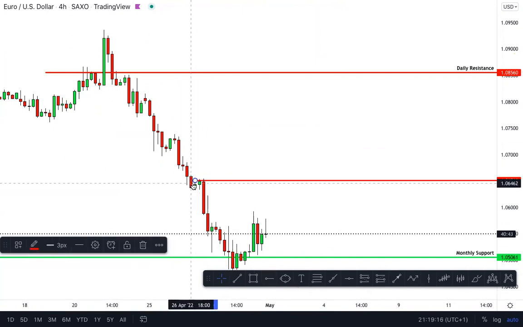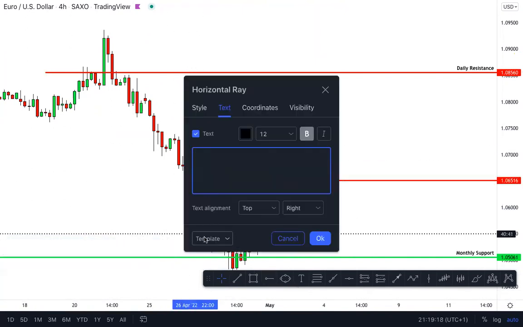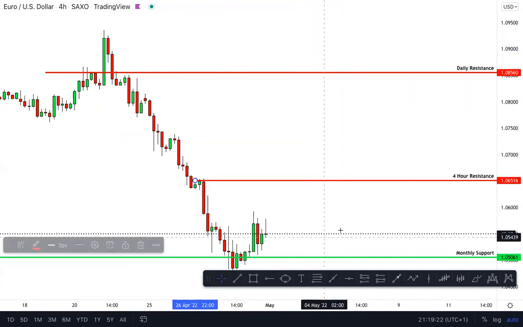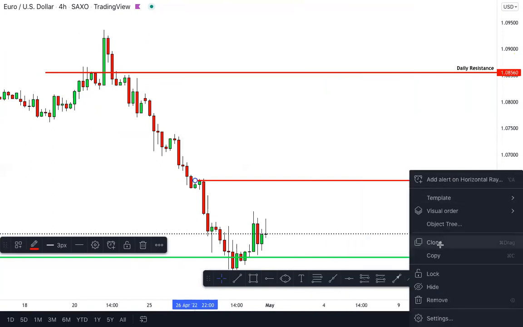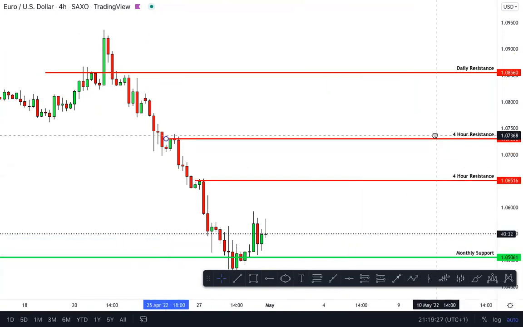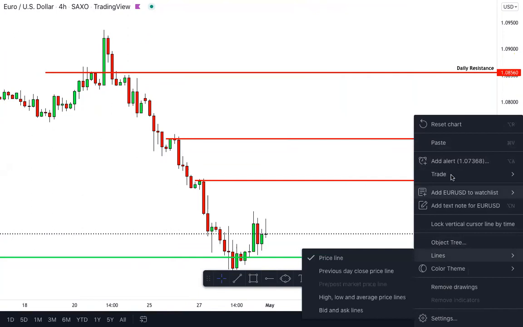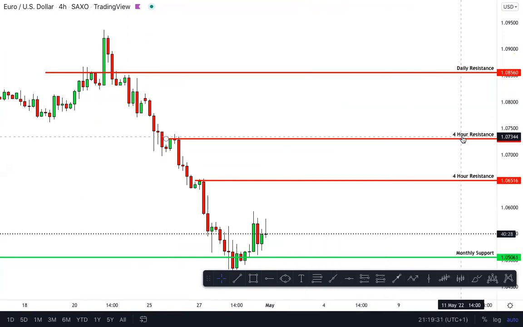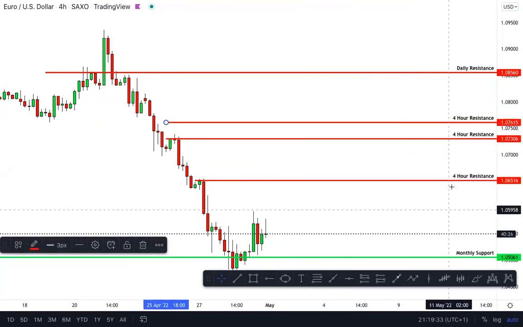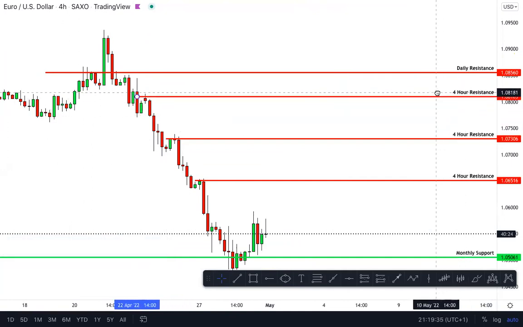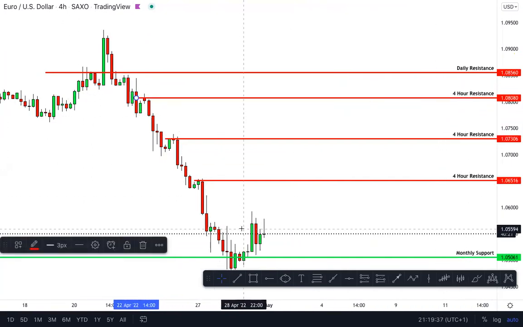We've got a 4 hour level of resistance here. Let's go here, resistance. And then we can just clone this a few times. We've got one there, clone this, put this here. We've got another one here. And clone this again. We've got another one here, right there, most likely.